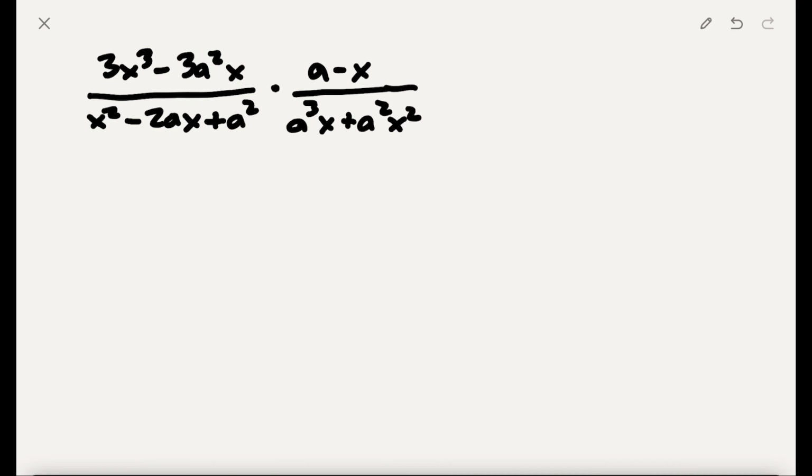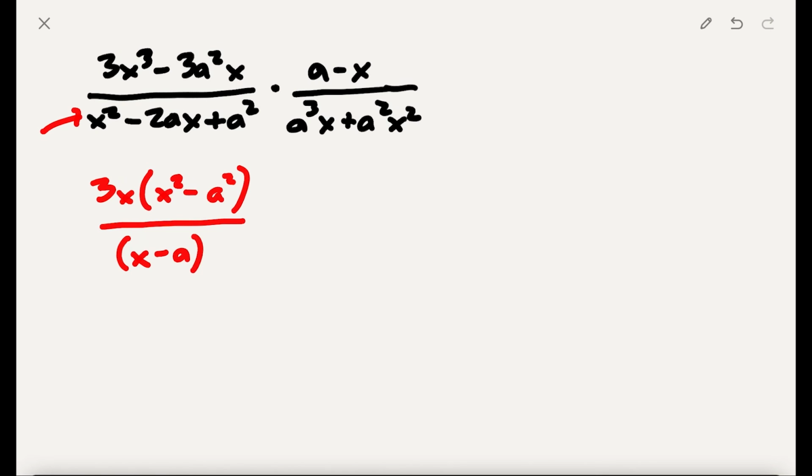Okay, lots to break down here. All right, first thing I'm going to do is this numerator right here, and I'm going to factor out a 3x from this, and you're going to be left with x squared minus a squared, all divided by, okay, this thing is going to factor to x minus a quantity squared. Okay. The a minus x can stay there.